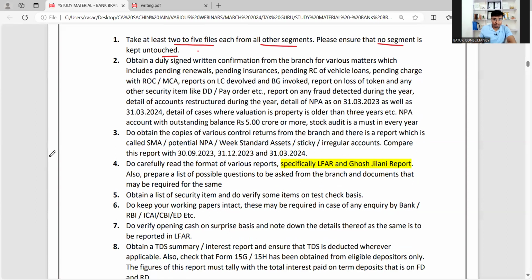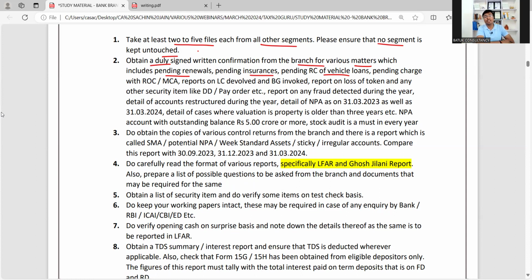Next, obtain a duly signed written confirmation from the branch for various matters, which includes pending renewal, pending insurance, and pending RC of vehicles, because there may be certain pendency on account of renewal. An account may be due for renewal, but the renewal has not been done. There may also be pendency on account of review, insurance, and stock statement submission.